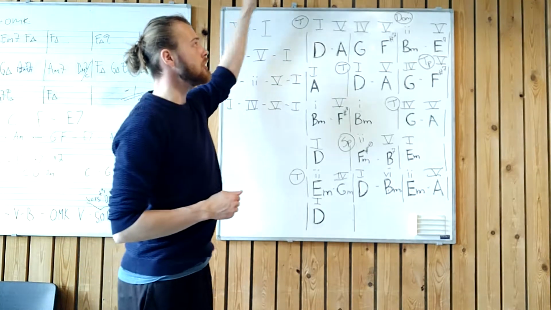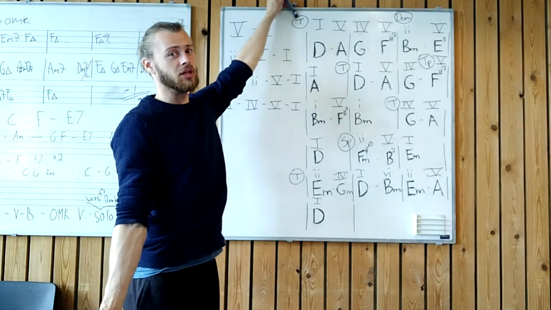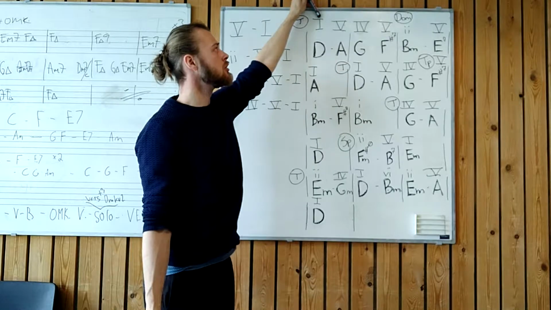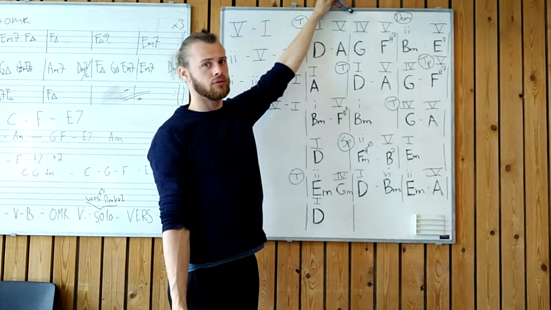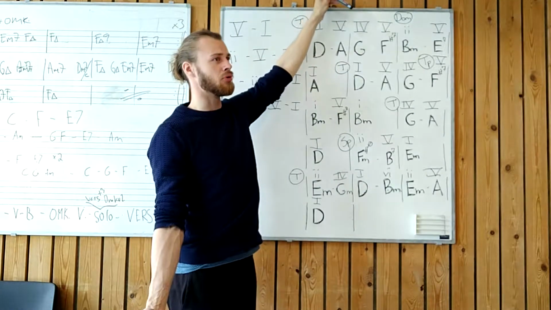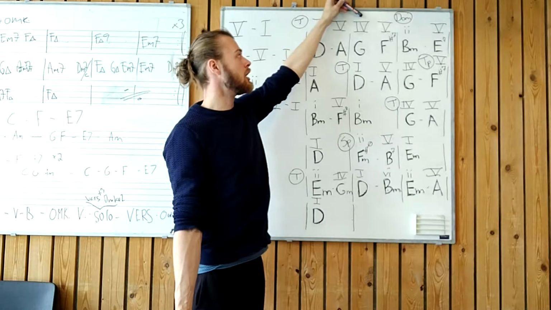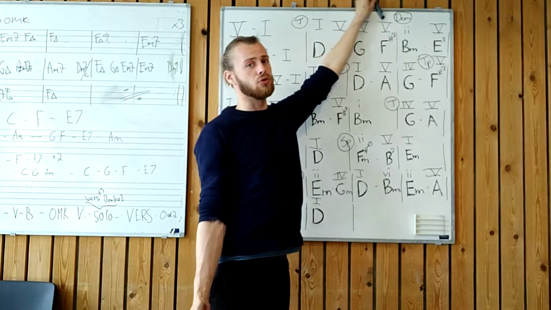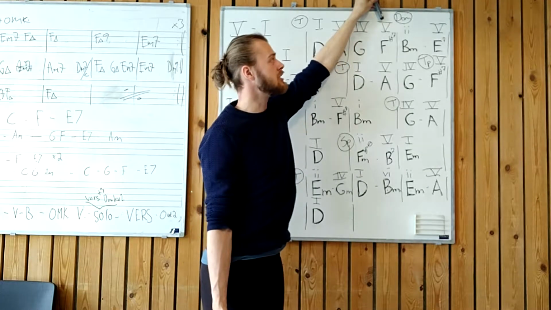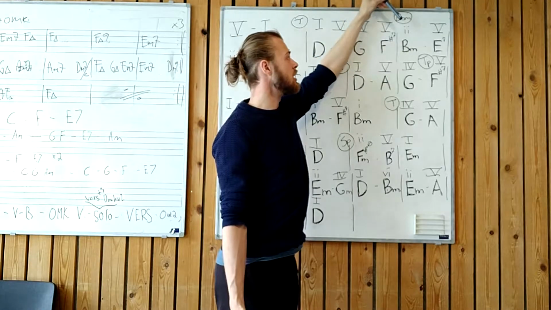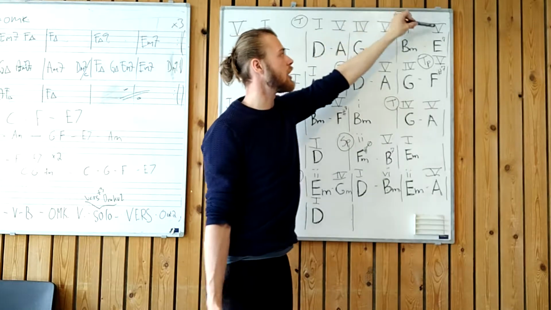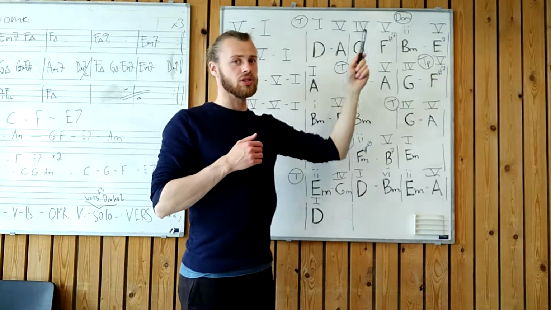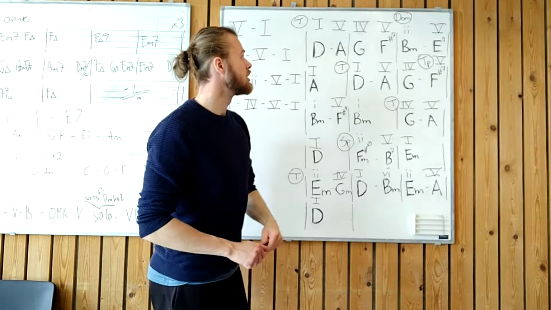We're beginning in the tonic key, D major, and then we're beginning with a 1-5-4. That's easy to remember, a 1-5-4, and then there's a 5 chord leading to a 2-5-1 in the dominant key, which is A major.